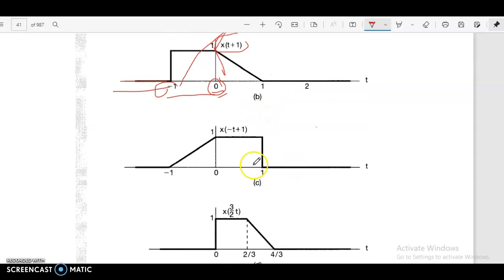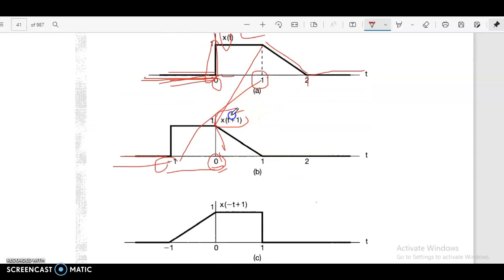It means x of t plus 1 is 0 when t is greater than 1, here 2. So here shifted. So greater than 1 it is simply 0.